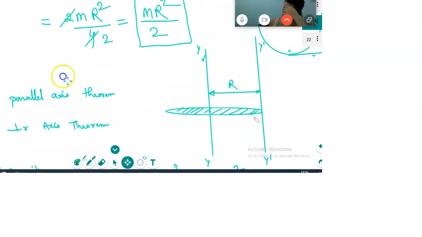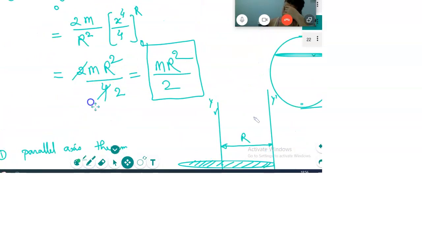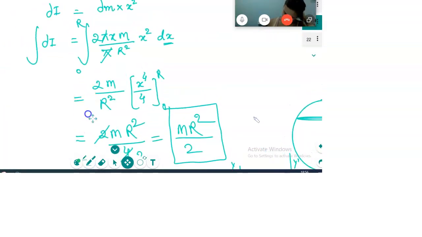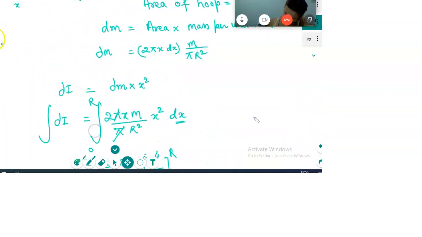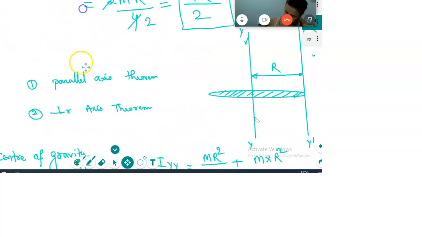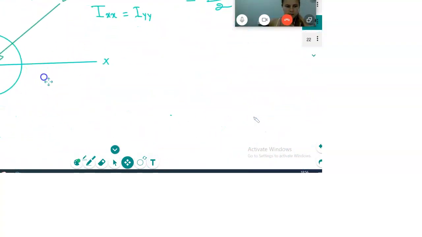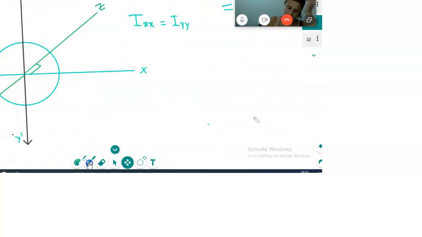What moment of inertia have we calculated here? MR square by 2, perpendicular to the plane of the disk. So what I can say is Izz in this case. I will write Izz is equal to MR square divided by 2.